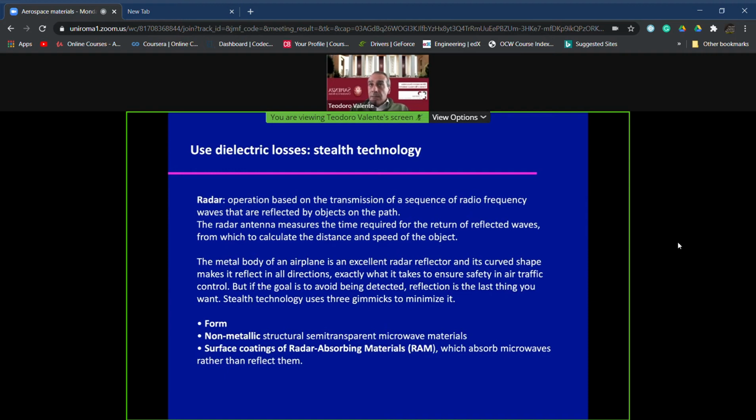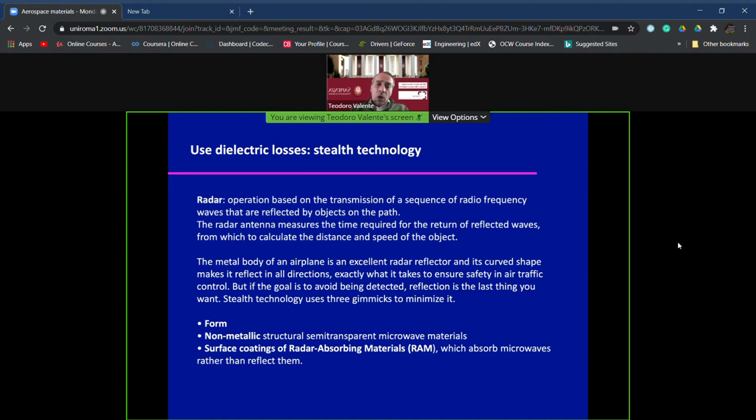And this means that the electromagnetic wave impinging on the flying object must in some way be dissipated, if we refer to the energy of the electromagnetic wave at the beginning.